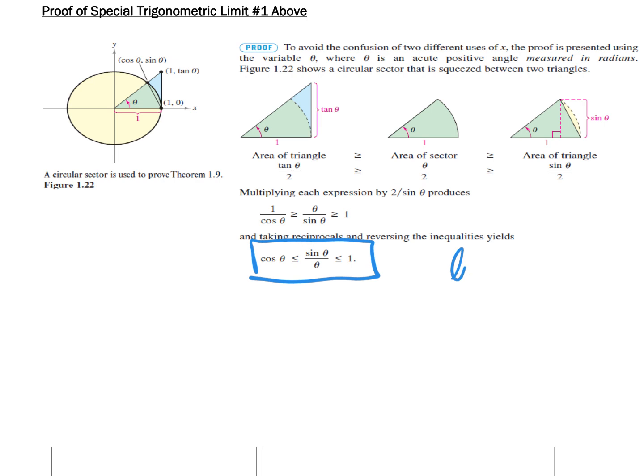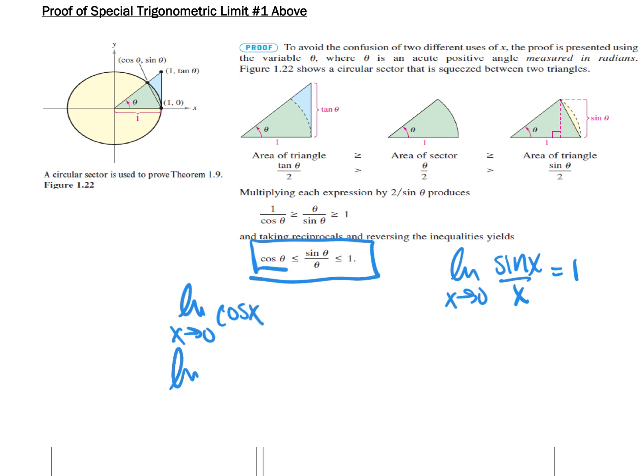We want to show that the limit as x approaches 0 of sine of x over x is equal to 1. That's the goal. So if we start with this inequality and take the limit as x approaches 0 of cosine of x, the function on this end, and the limit as x approaches 0 of 1, on this other end, and these are both the same value, then the limit of the function in between will have to equal that value.